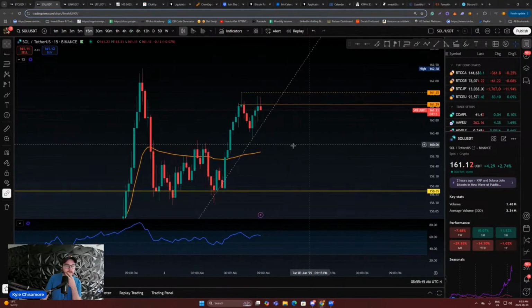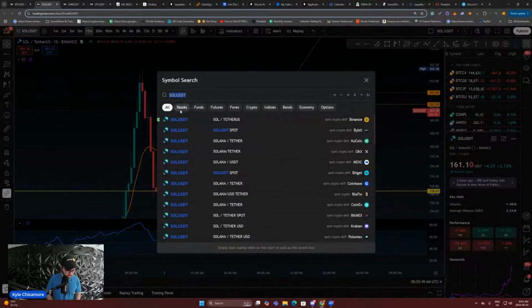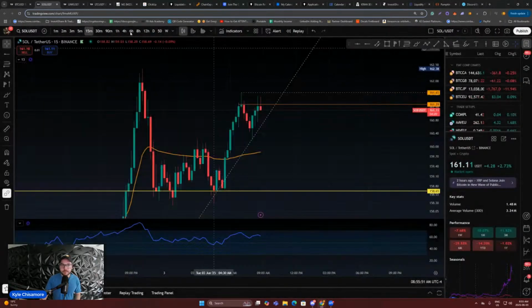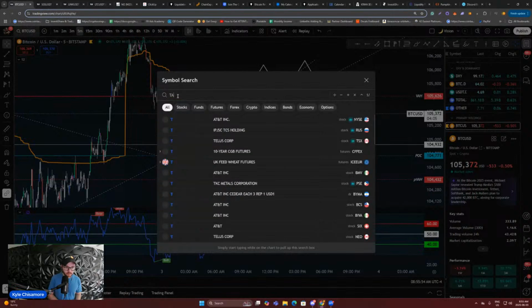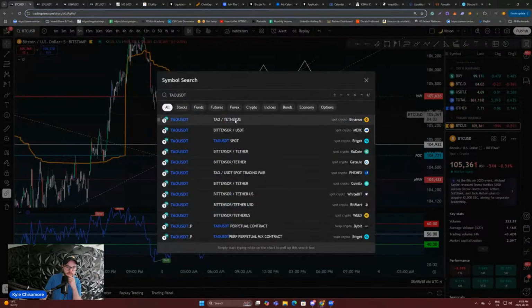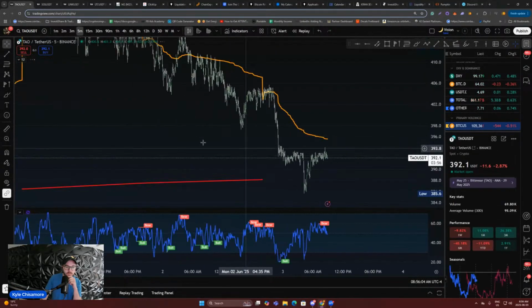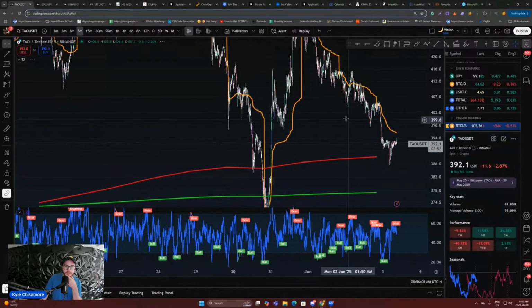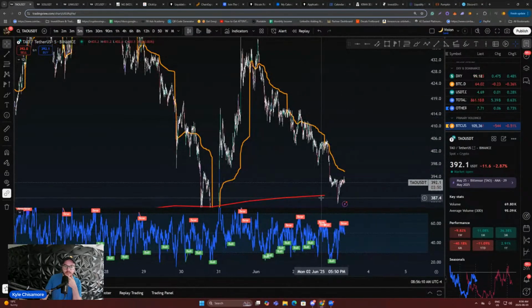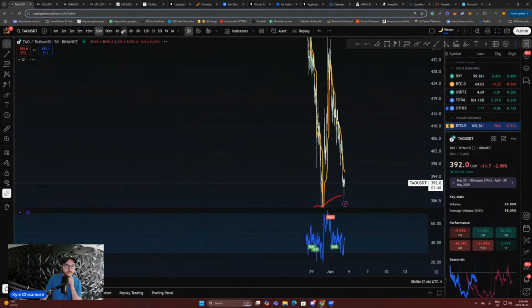Okay, and Teo, let's grab. Let's go to the Binance chart. Ooh, Teo's got that inverse head and shoulders kind of vibes going on. Descending channel, fighting against the 50-day. Nice, okay.